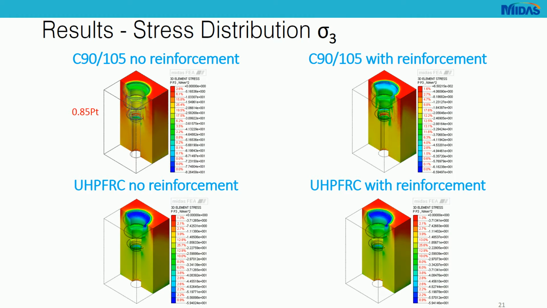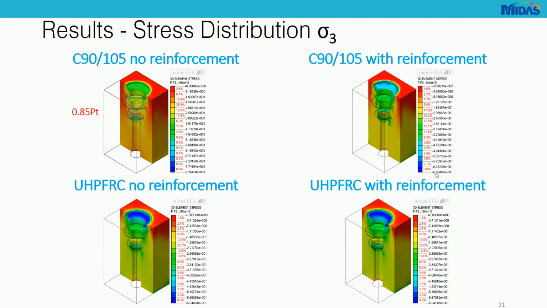Now when we check sigma 3 stresses, so the principal stress sigma 3, we can see that for the high strength concrete, when we don't have reinforcement, the stress level is even much higher when we have only 85% of the load compared to the full load in the model with the reinforcement.